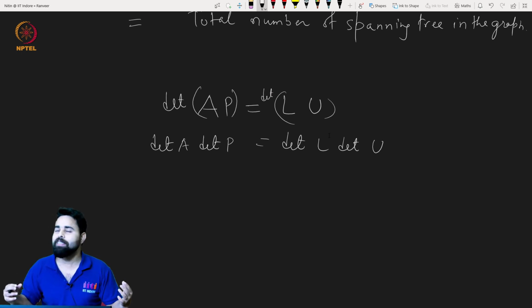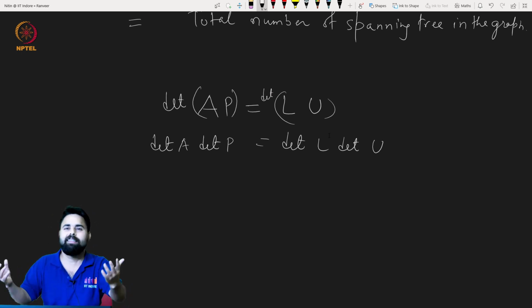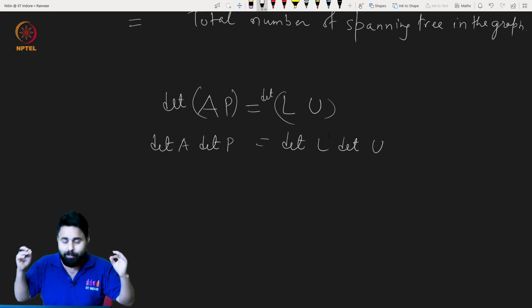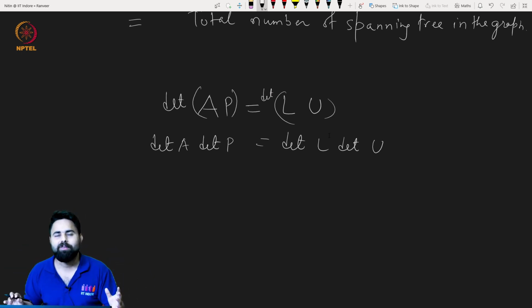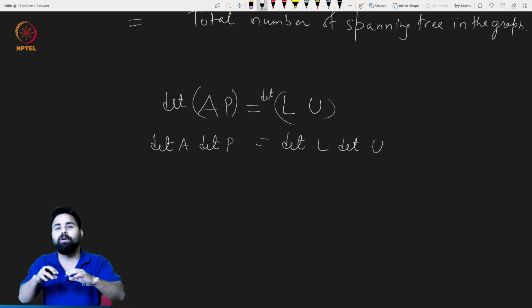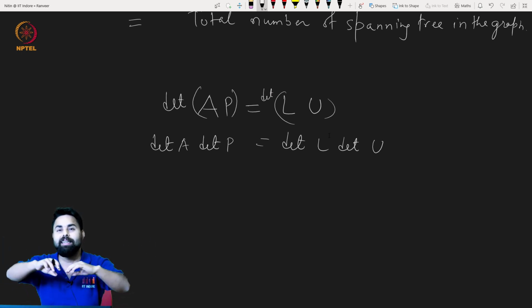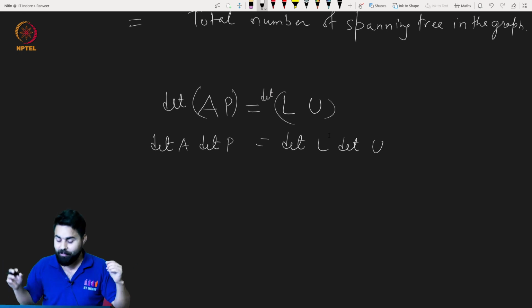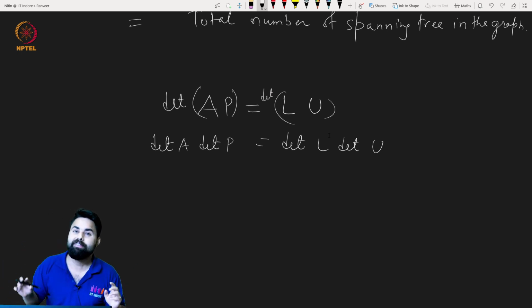Similarly, the determinant of U, an upper triangular matrix, is the product of its diagonal entries. So it is very simple, with no need for the expansion we call Laplace expansion, which is very costly.